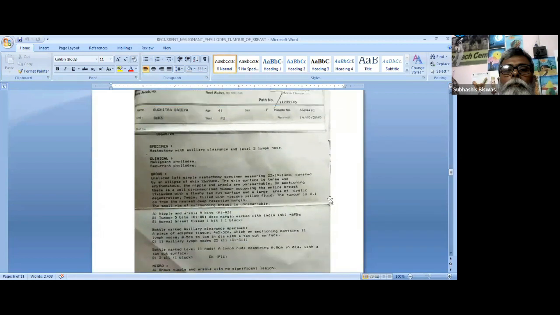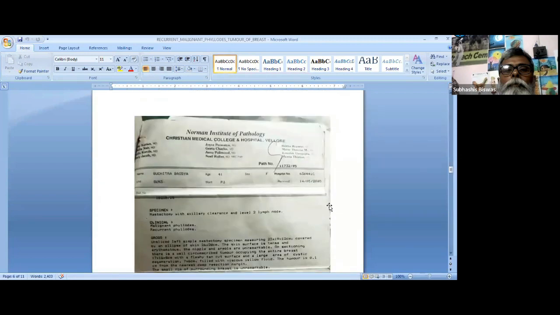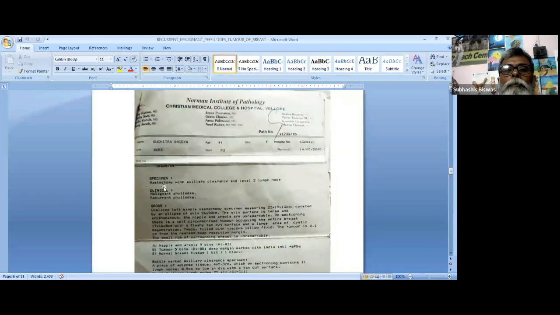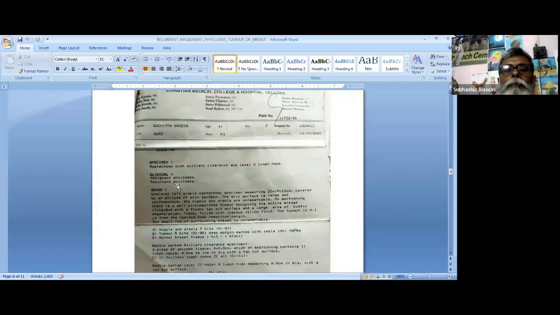came back, and that time it was operated at Christian Medical College and Hospital. You can see a specific mastectomy with axillary clearance and level 2 lymph nodes, and it was shown clinically as malignant phyllodes, recurrent phyllodes.